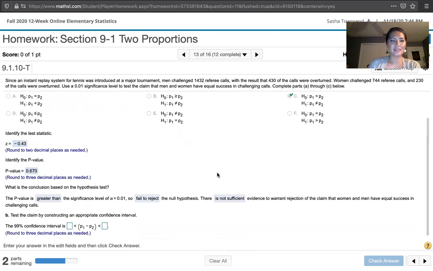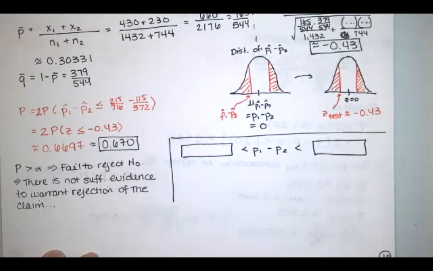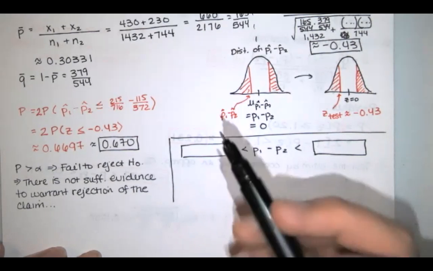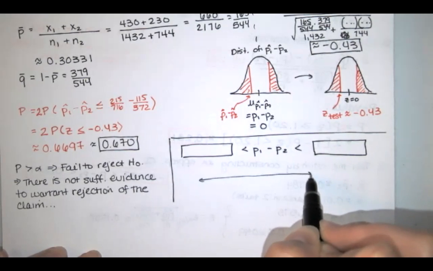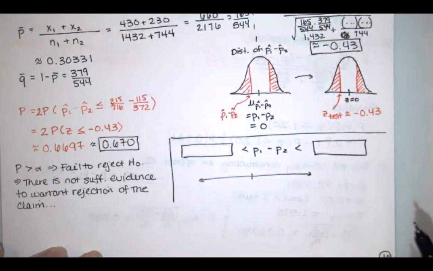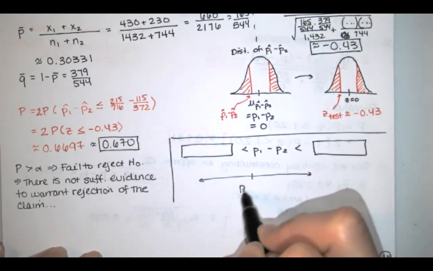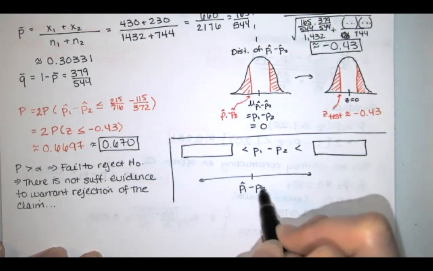Okay, great. And now we want to test the claim again, but this time we want to construct an appropriate confidence interval. Now, in order to find the confidence interval estimate for the difference between P1 and P2, we need to find that best point estimate of P1 minus P2. So that's going to be P1 hat minus P2 hat.